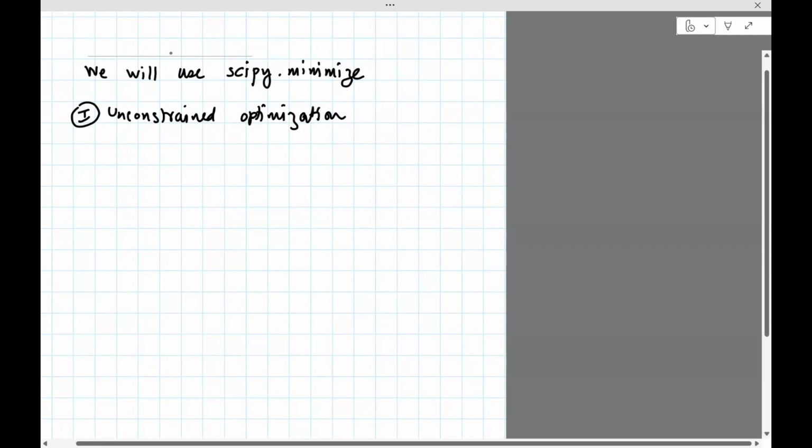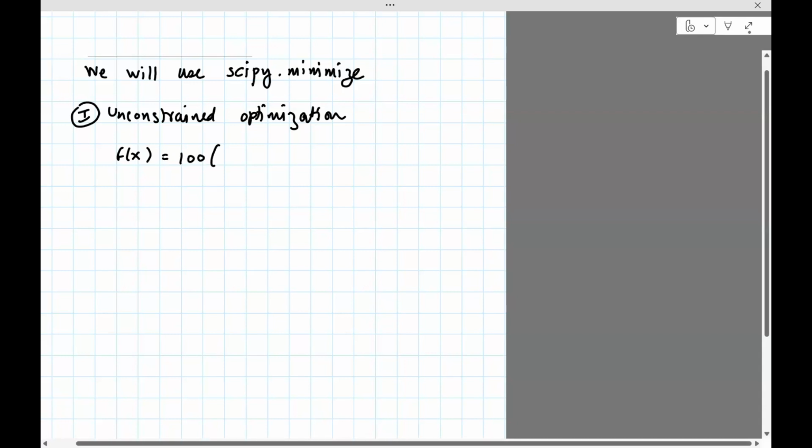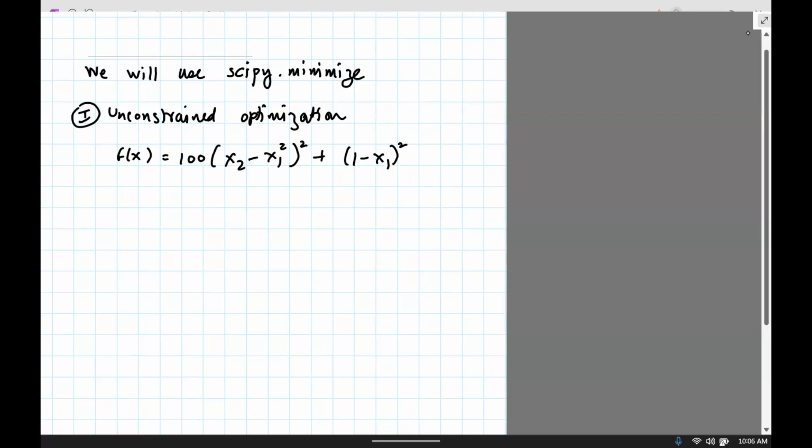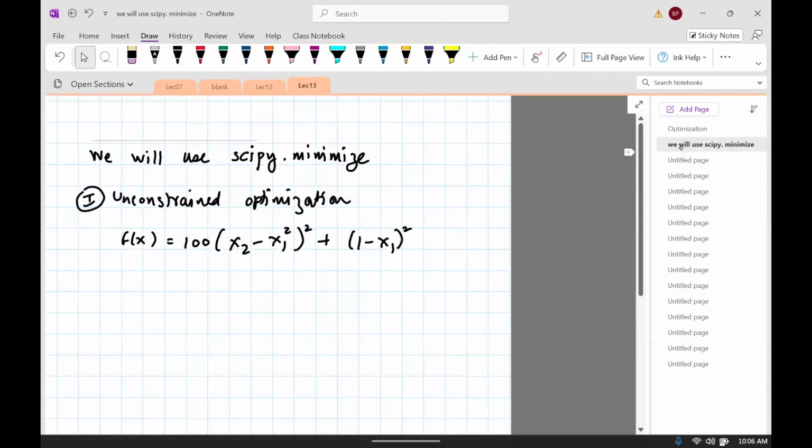The problem is f of x equals 100 times (x2 minus x1 squared) squared plus (1 minus x1) squared. I believe it's the same problem. Yeah, it's the same one. Okay, so we'll just solve this.